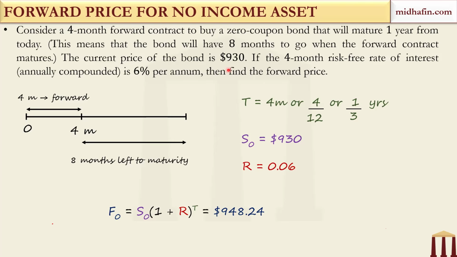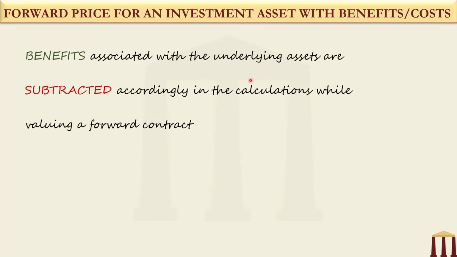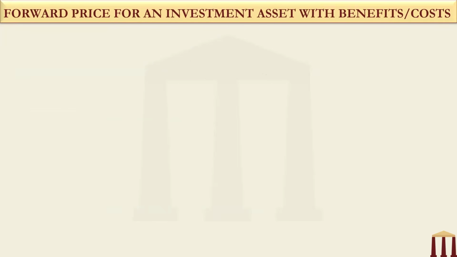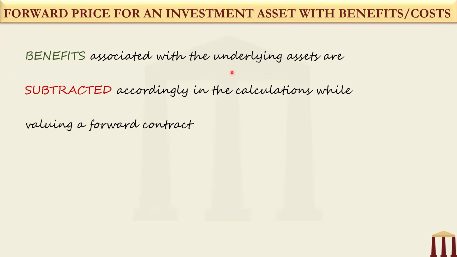Okay. So I was saying that the party which is holding the spot asset, that party is the beneficiary. All the benefits are being given to that party only. So the benefits which are associated with the underlying assets are actually subtracted in the calculations.